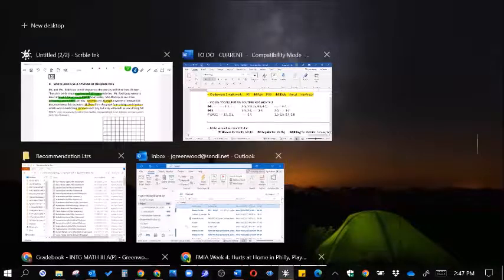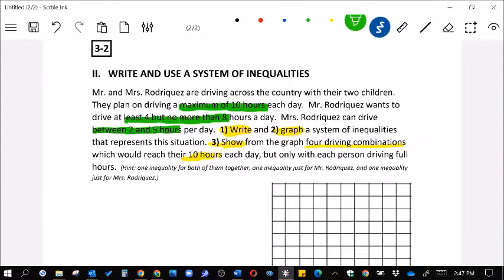So let's determine what variables we use. M and M don't work. Father and mother could be used, but that gets confusing. So I'm going to say that Mr. Rodriguez is X, and Mrs. Rodriguez is Y. So X stands for Mr. Rodriguez. Oh, it looks like it's a Q, not a G there.